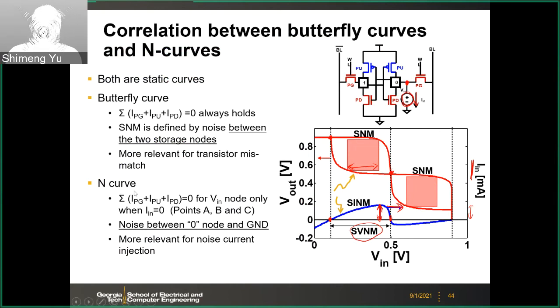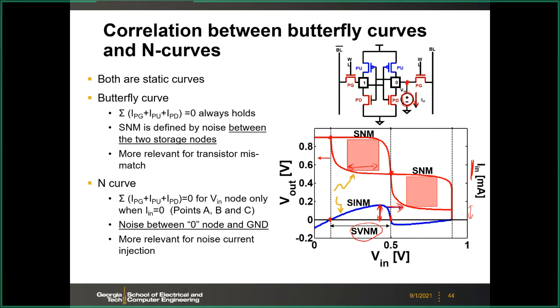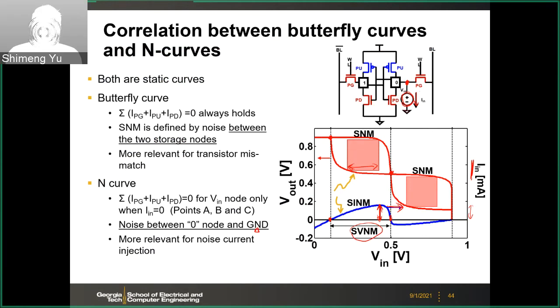And for the Uncurve, this assumption does not hold, because in the Uncurve you can have current injection or extraction from this node. So here it is more like a relationship between this node voltage and ground, because your reference is always this ground to the voltage source. So this is more relevant for noise current injection for the Uncurve.